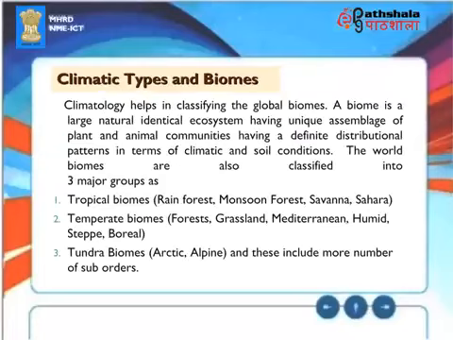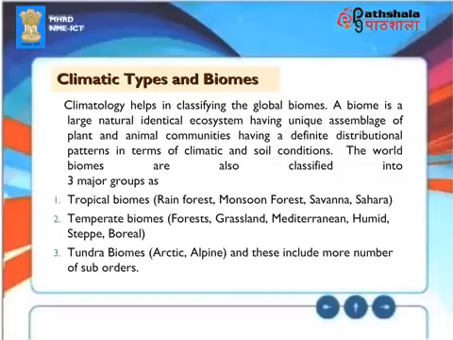Climatic types and biomes. Climatology helps in classifying the global biomes. A biome is a large, natural, identical ecosystem having a unique assemblage of plant and animal communities, having a definite distributional pattern in terms of climatic and soil conditions.